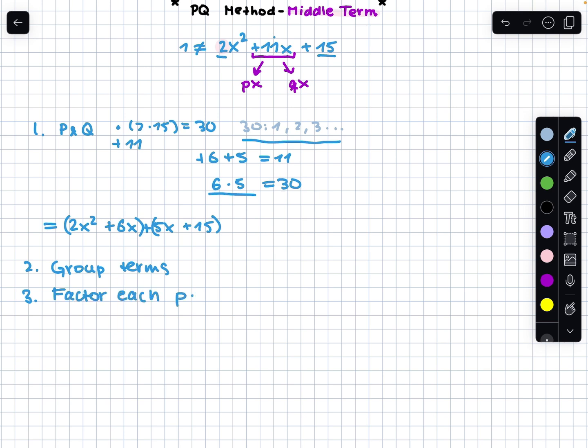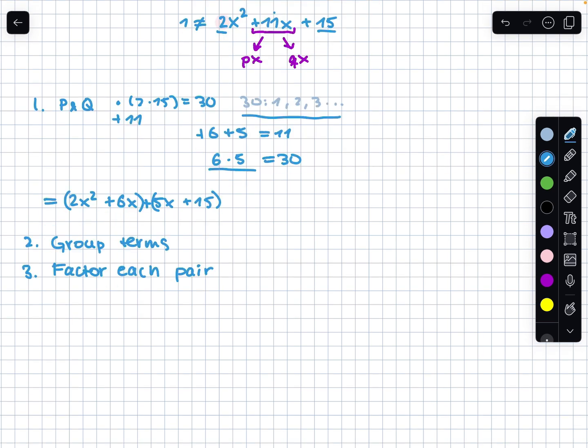What that means is we're basically going to be taking out the common factors from each of these brackets separately. Again, this comes with practice, but here we can look and see that the common factor here will be 2x, and here it will be 5.